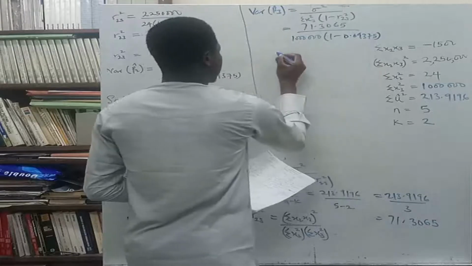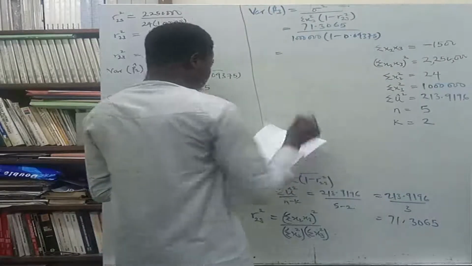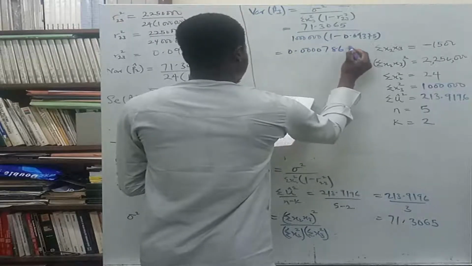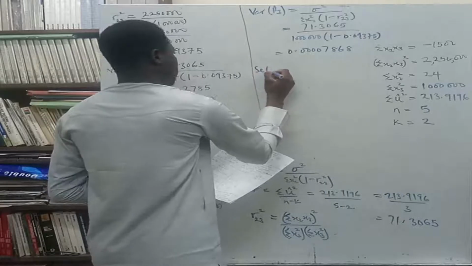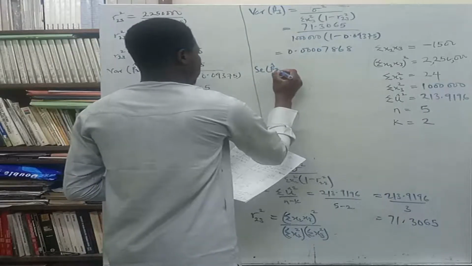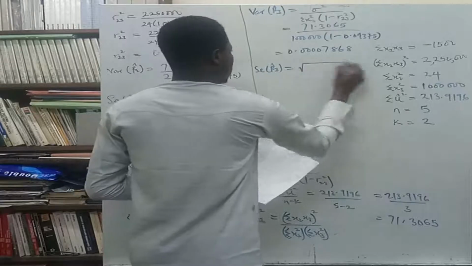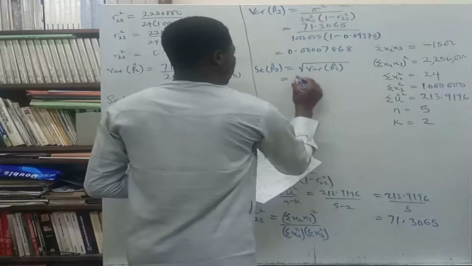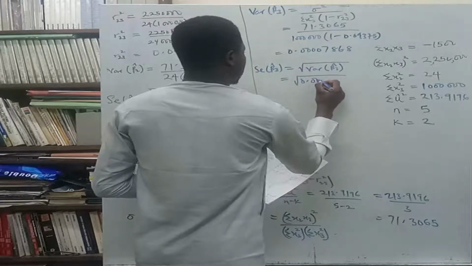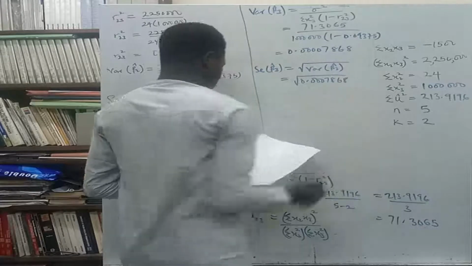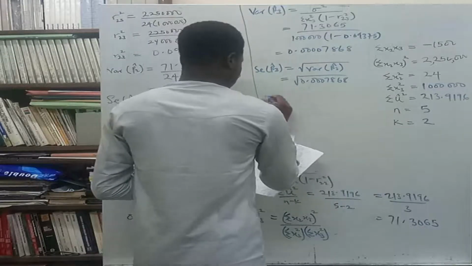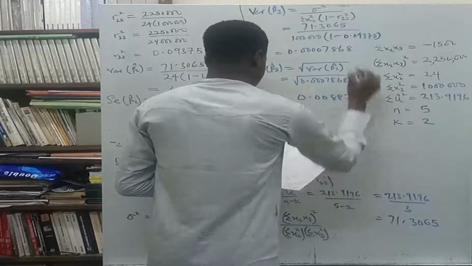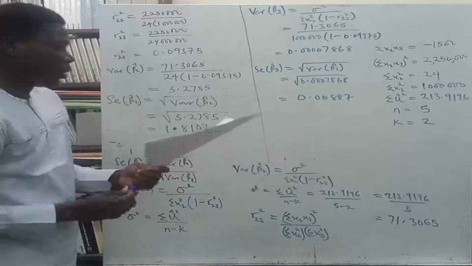So if you do this on your calculator, you are going to arrive at 0.000078868. Now what is the standard error for beta 3? Standard error for beta 3 is the square root of variance of beta 3. So that will give us the square root of 0.000078868, so we are going to have as the standard error 0.00887.